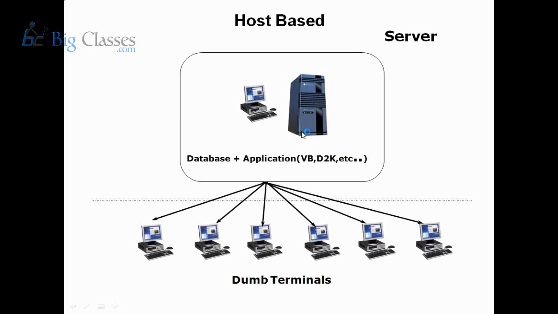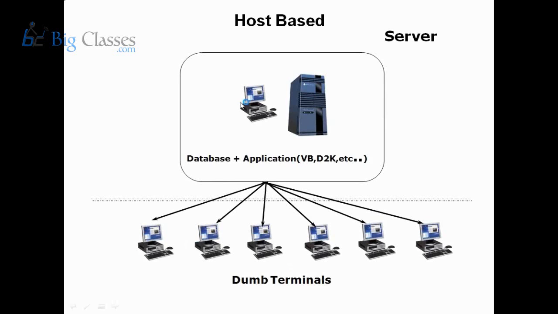So there are two types of scenarios. One scenario is that the database server and application server are on the same server, that is host based, or the database is on a different server and the application is on a different server. But the dumb terminals are where users connect to these applications directly.